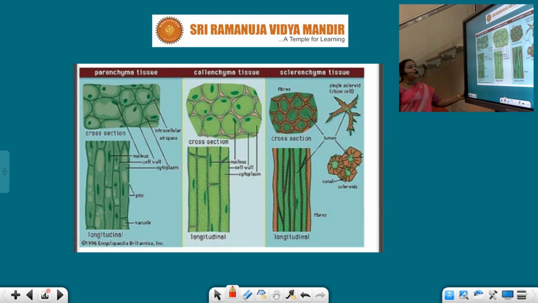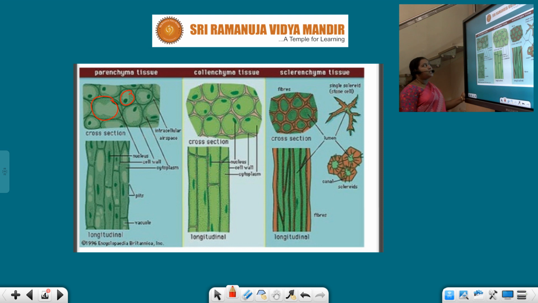See, this is a diagrammatic representation showing differences between parenchyma, collenchyma and sclerenchyma tissue. The first one, see, these are the cells present in the parenchyma. They are loosely packed, so intercellular spaces are present. Cells are living as they have the nucleus at the center, and the primary wall is present.